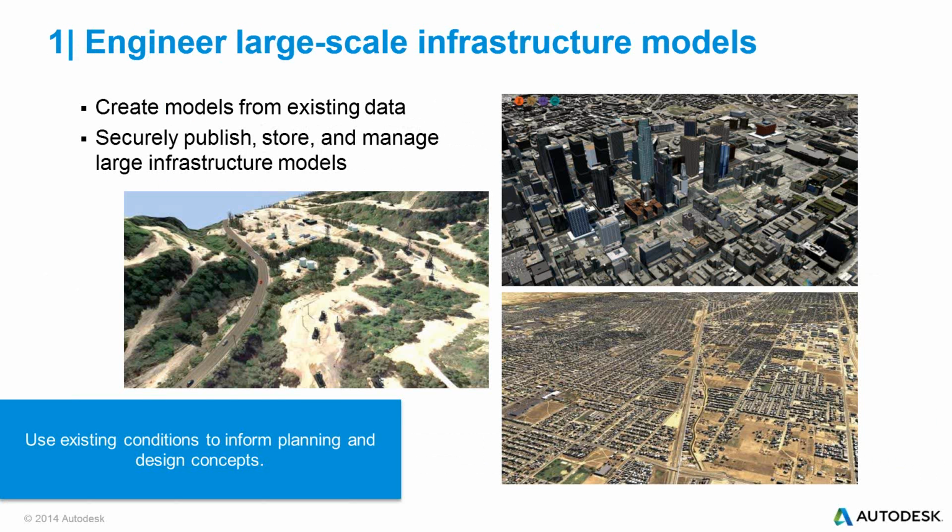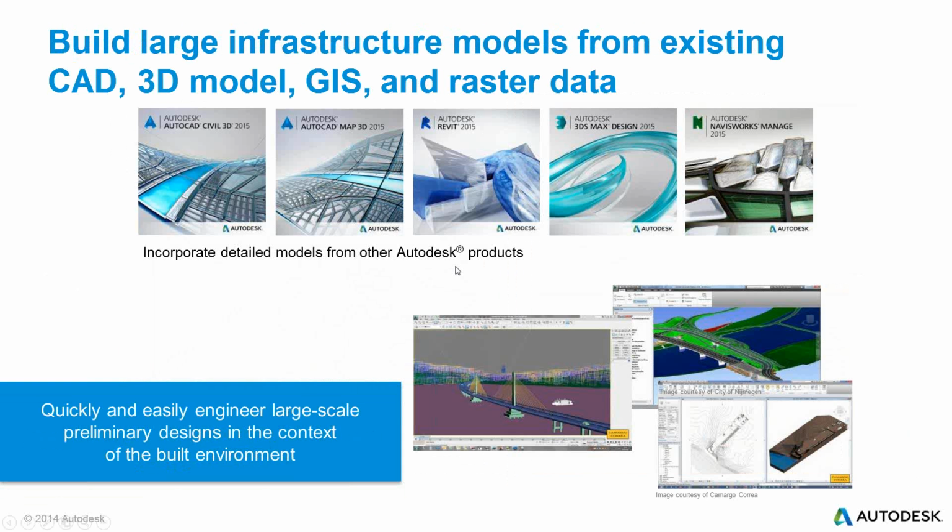Again, we want to be able to create those models, whether it's GIS, FDO, CAD data, or even shapefiles. So, you can greatly improve your ability to incorporate detailed data from CAD, 3D models, GIS, CityGML, and raster design, allowing those existing conditions to inform the design concepts.